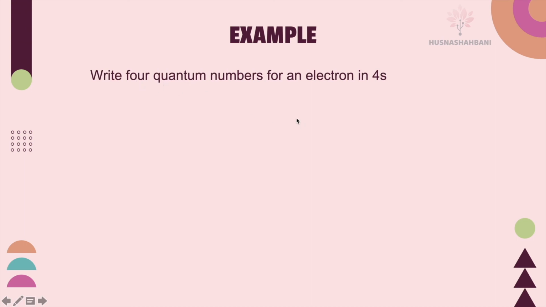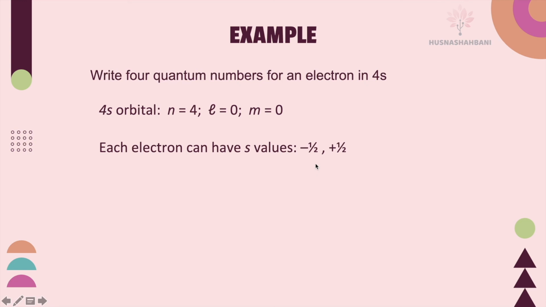So write the 4 quantum numbers for 1 electron only. n equal to 4, L equal to 0 because s is 0, m equal to 0, and s can be positive half or can be negative half. If you have to write the set of quantum numbers, you have to put 4, 0, 0, negative half, or 4, 0, 0, positive half.